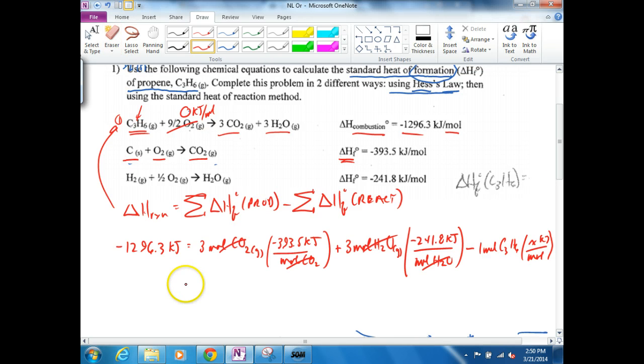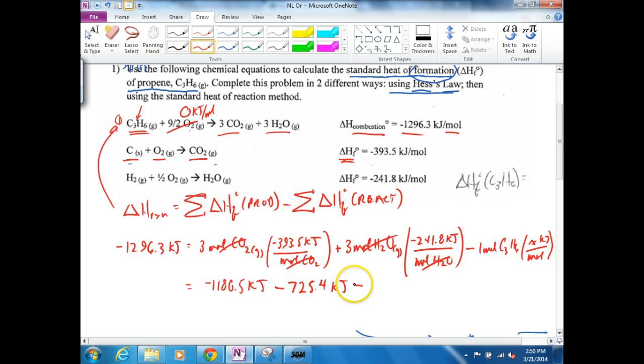So what I'm going to do is just kind of clean this up a little bit. 3 times negative 393.5 is equal to negative 1180.5 kilojoules. And then 3 times negative 241.8 is negative 725.4. So let's put a negative sign right here, minus 725.4 kilojoules.